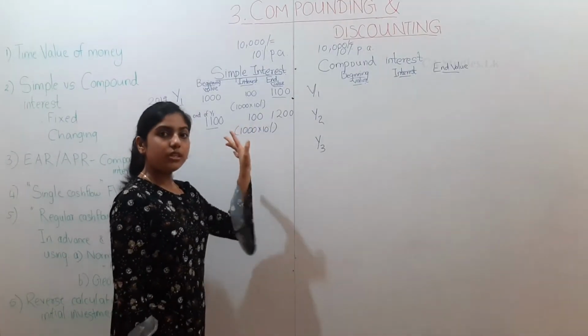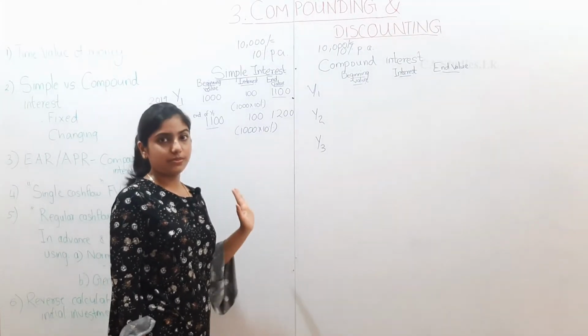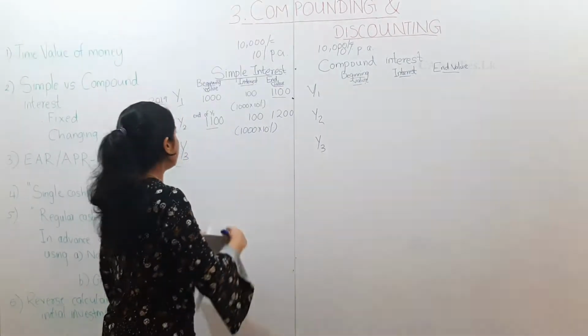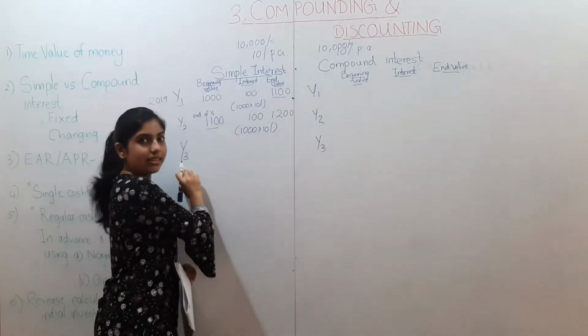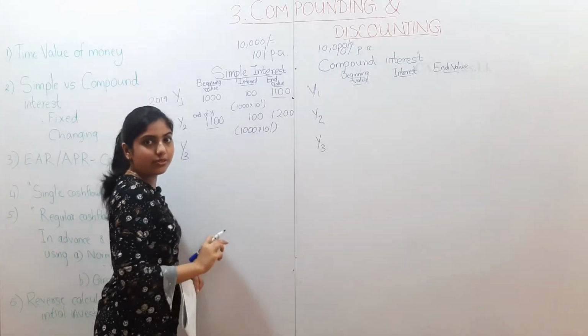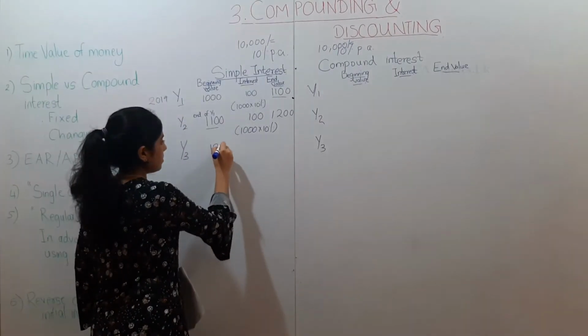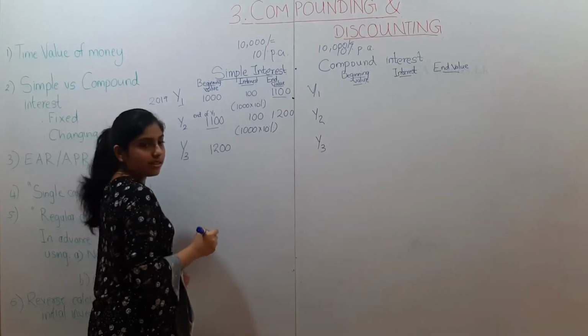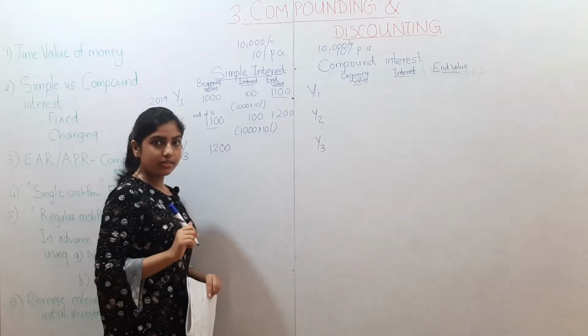Let's assume you didn't take the interest again. You kept it in the bank itself. Then 1200 will be available in year 3 also. So that will be your beginning value of year 3. So you put 1200 here. And what is the rule for simple interest calculation?